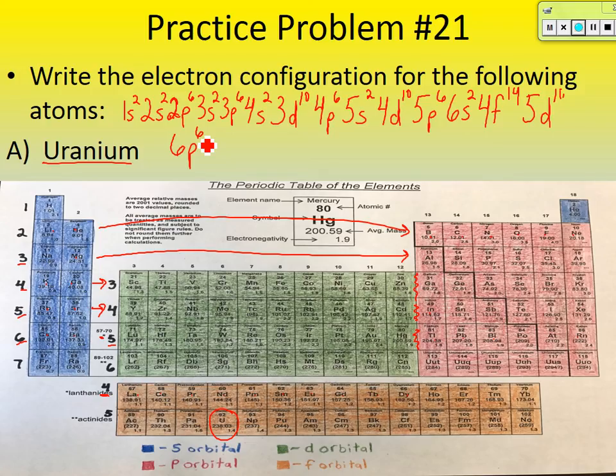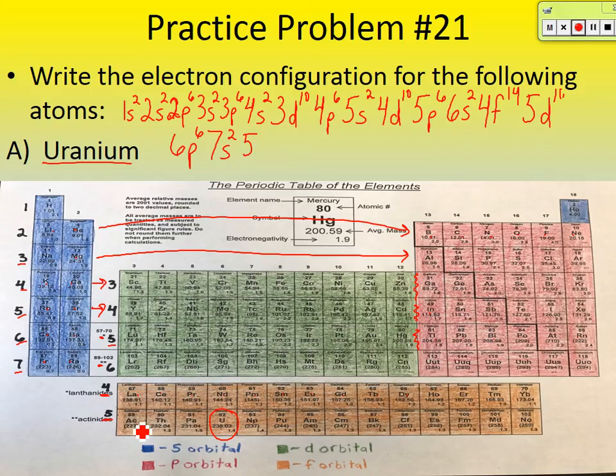We need to go to the 7th energy level. So we're in the 7th energy level, s orbital, and 2 electrons fit there. Now be careful again. We're at this point where there are 2 asterisks. 88 was right here. It's saying that 89 through 102 is down below. So we're going to come down to 89, which is in the 5th energy level, so I'm going to put a 5.